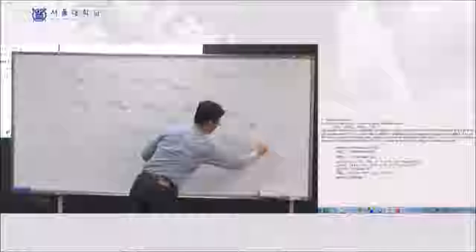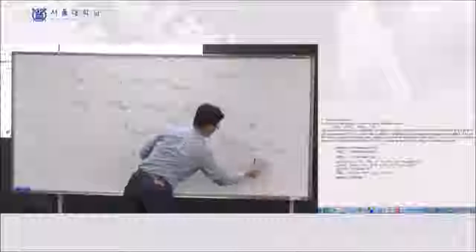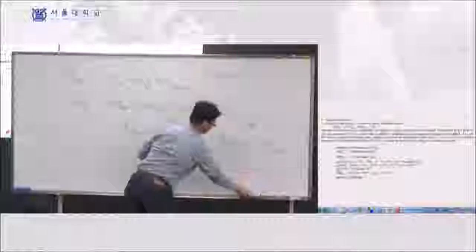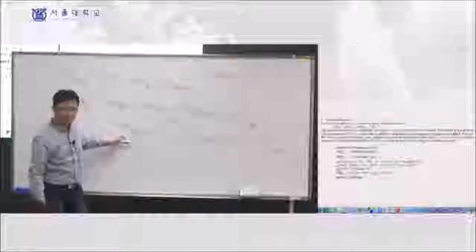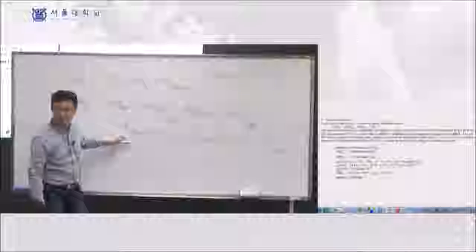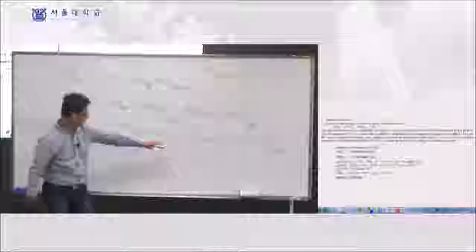So this is delta H of reaction at 298 Kelvin. This is basically the standard enthalpy of formation. Okay, you good? 298, 298, 298.